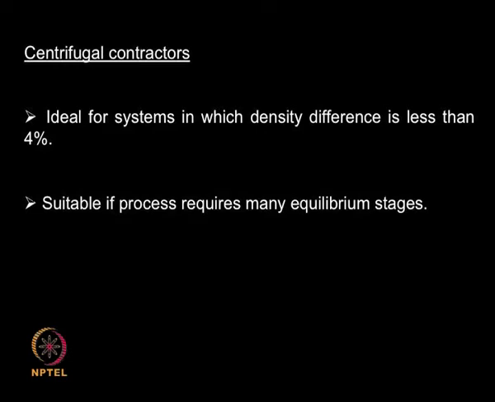So, 3 different types of equipment, each one has got advantages and disadvantages, and nowadays the general industries move towards either a column type of approach or a centrifugal contactor, unless they just want to do one single extraction process where they may go for a mixer settler.